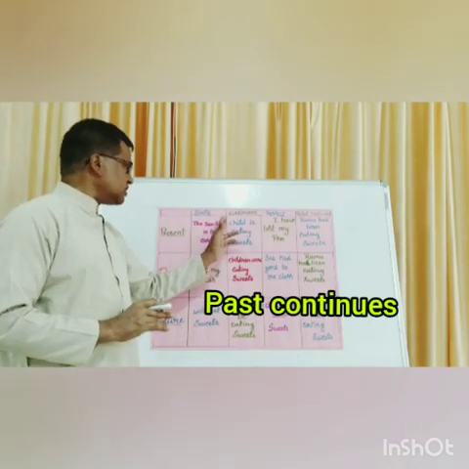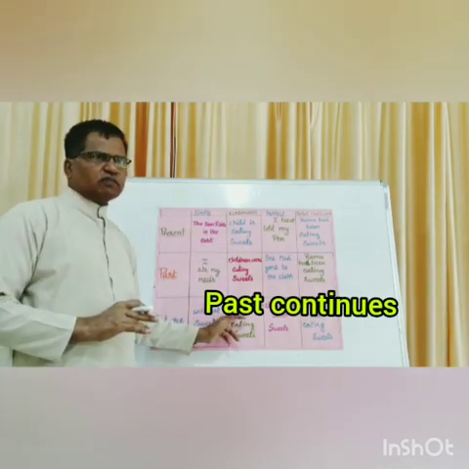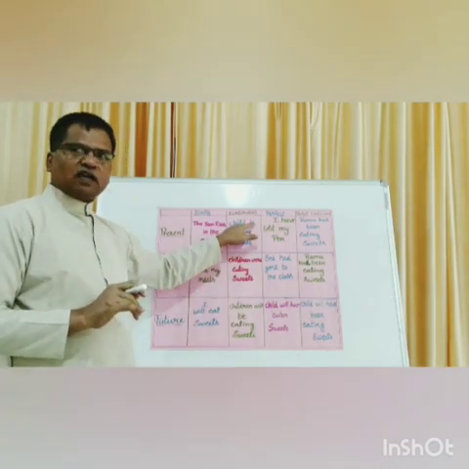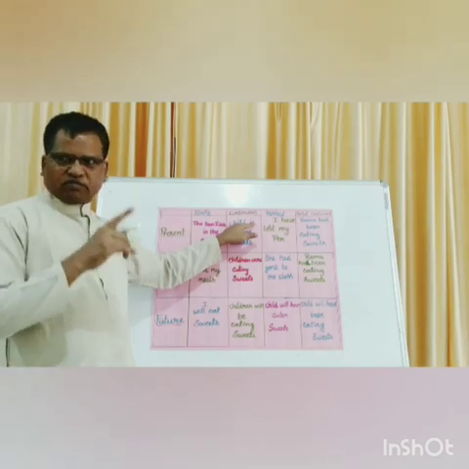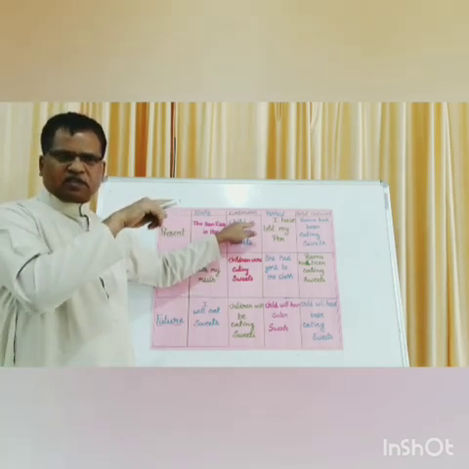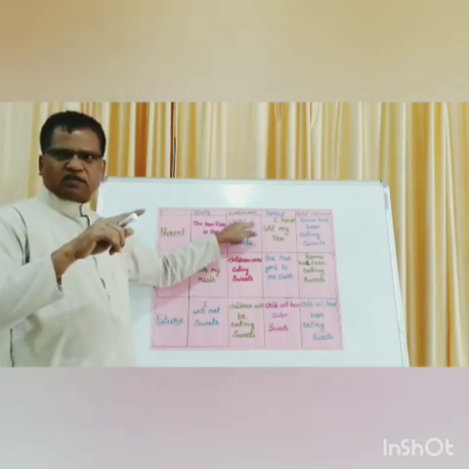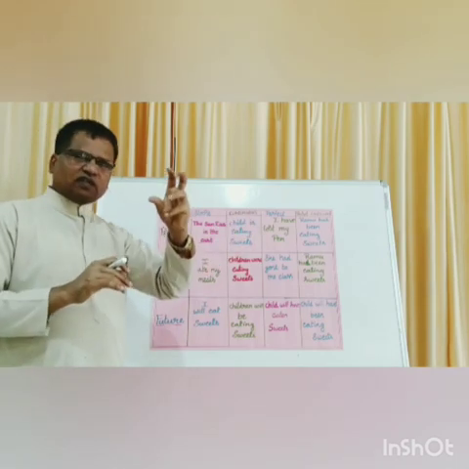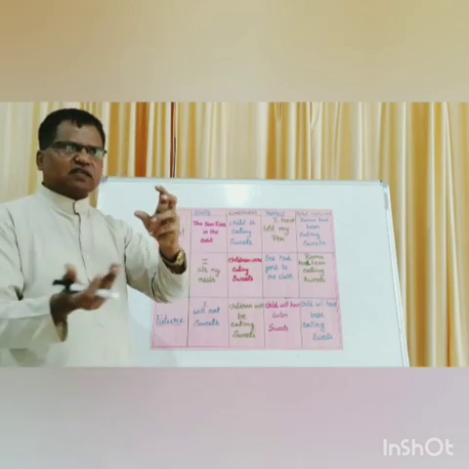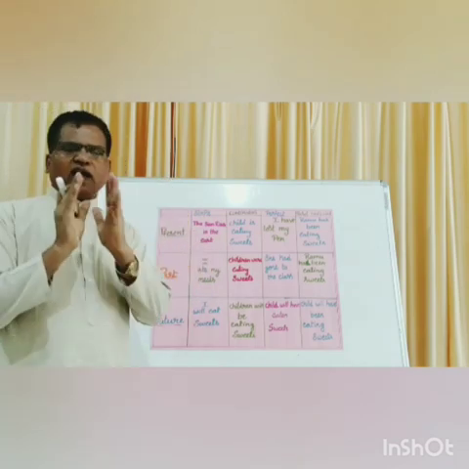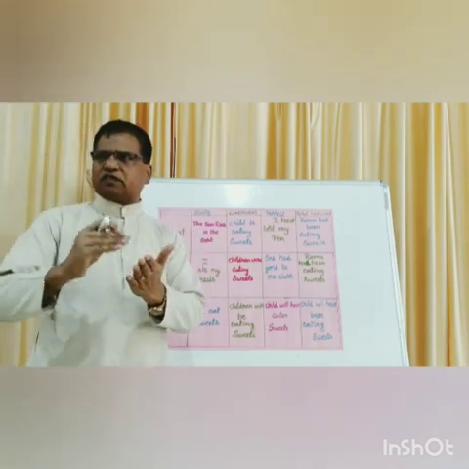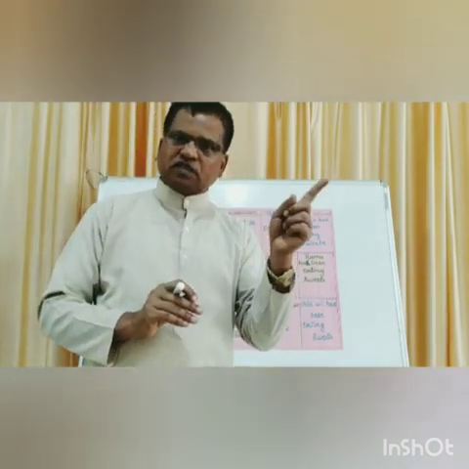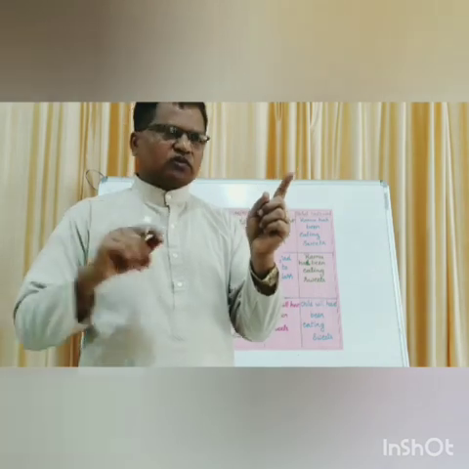Next column is past continuous. Now you must know, up there it is am, is, are. Those three helping verbs will become past tense here. Am and is are present tense. Its past tense is was. Is, present tense, its past tense is was.